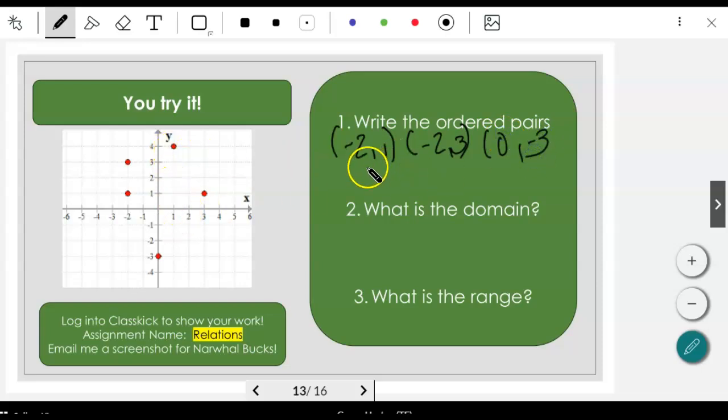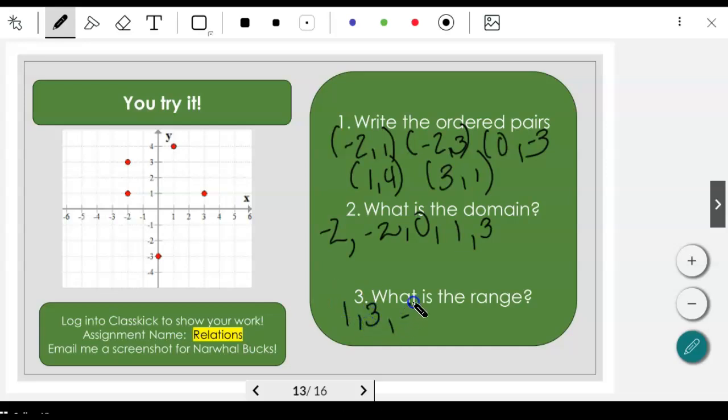This one is at 1, 4. And 3, 1. Domain is the first number, the x value: -2, -2, 0, 1, 3. Range is 1, 3, -3, 4, and 1.